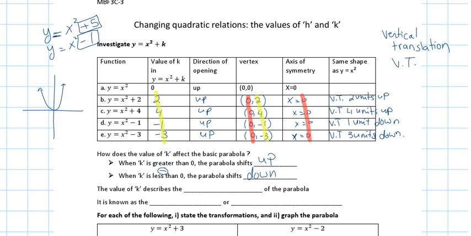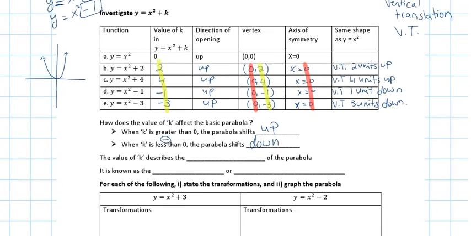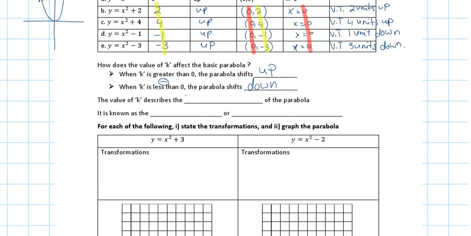So the value of k describes the vertical translation of the parabola, which is known as the optimal value or the y value of the vertex.